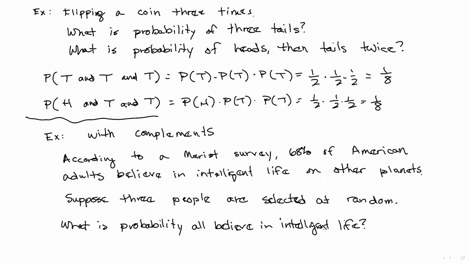All right, so technically you should go through and think about whether these are independent or dependent. If you want to be technical, they're probably not independent, because if you take somebody out, that's going to affect the population that's left. However, in this case, the population is so large that I don't think it matters.